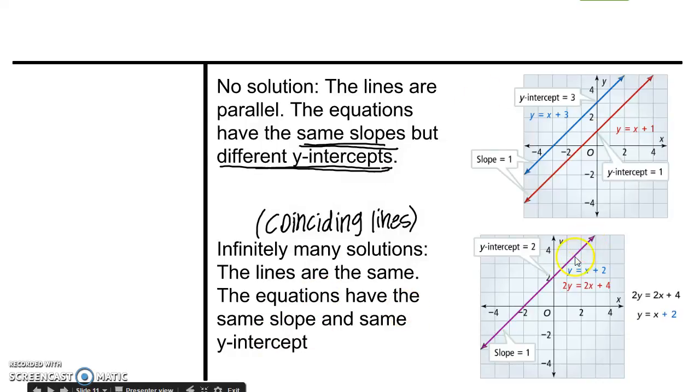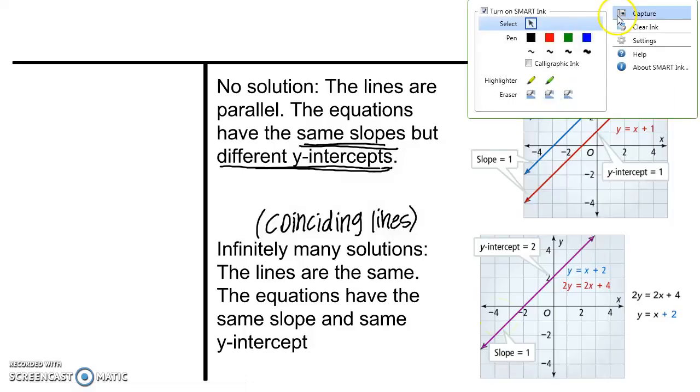So we have 2 lines graphed here. Notice in the other ones they had a red line and a blue line. Now we have a purple line because we've actually put them on top of each other. You know, red and blue make purple. So this is two lines graphed and they're on top of each other. It is the same line. There are infinitely many solutions because any single point on this line is a point of intersection. Okay?